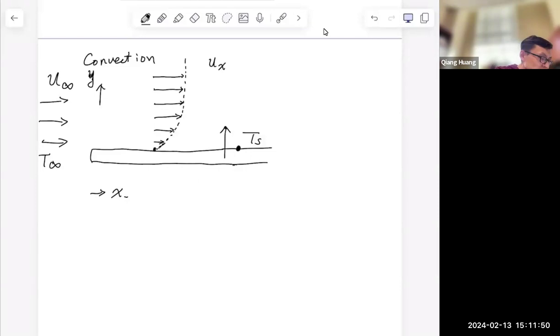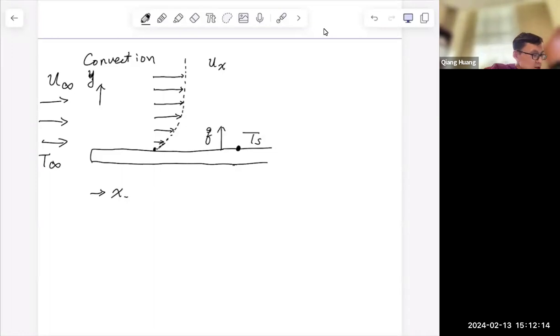And this Q occurs because the heat is being conducted within the fluid from the surface to the water.